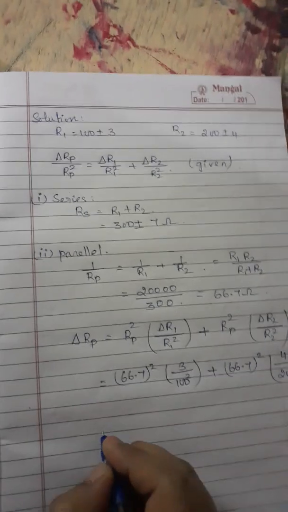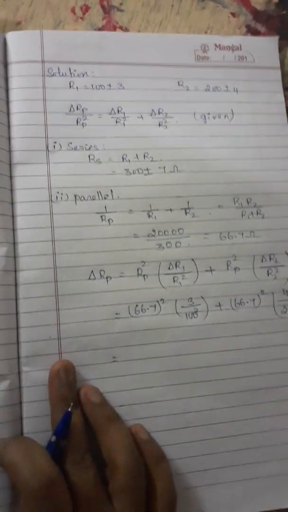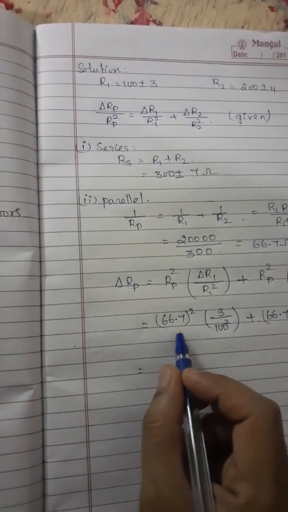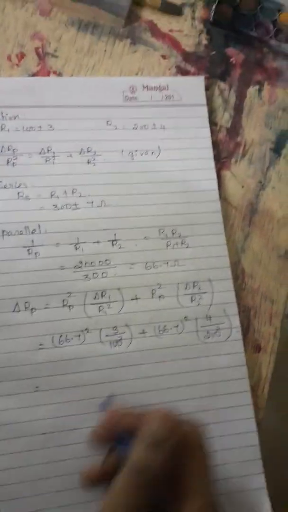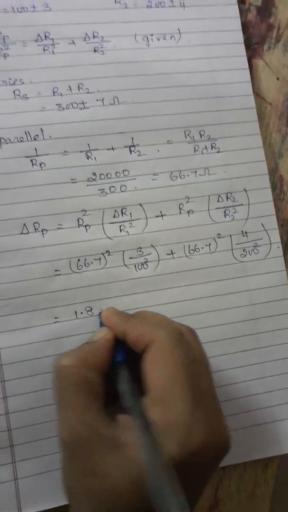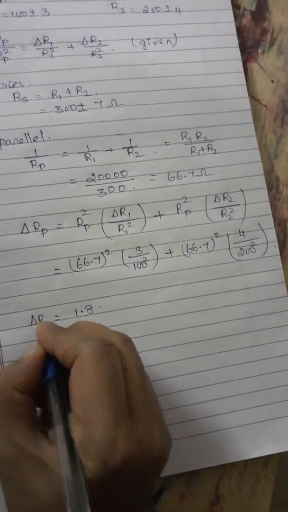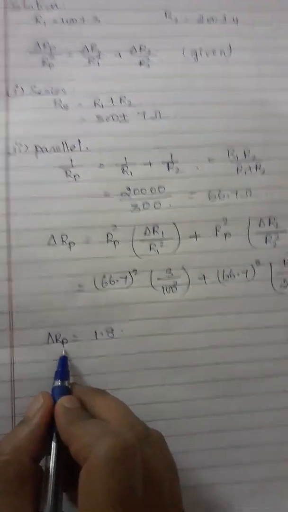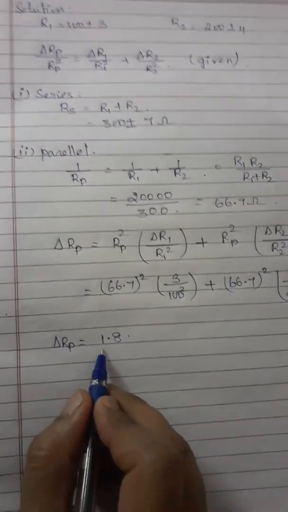After simplification, you can take 66.7 the whole square as common, then take the LCM and simplify it. You will get the answer as 1.8. So delta RP is 1.8. So the error in the effective resistance will be 1.8.